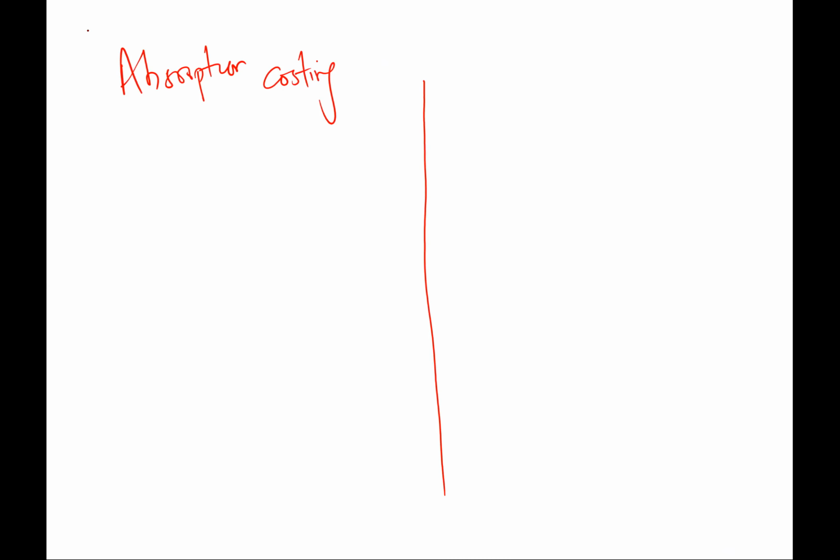So we used this method, absorption costing. And today we'll talk about variable costing. Up till now we have discussed the differences. What is the difference between absorption costing and variable costing?